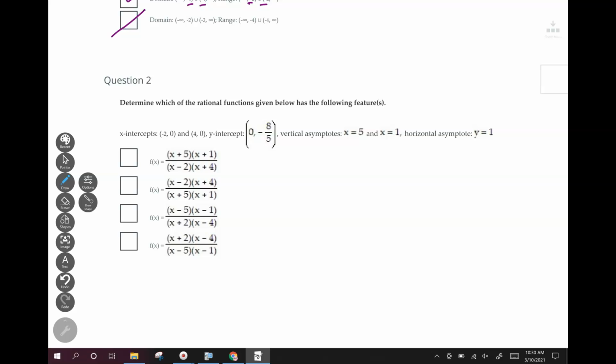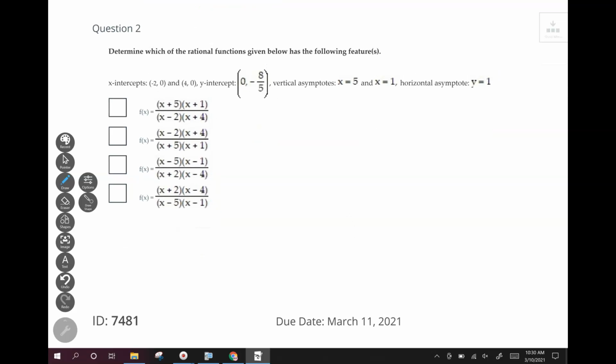All right, next one. Determine which of the rational functions given below has the following features. So let's start with our x-intercepts. Our x-intercepts need to be at -2 and 4. Well, what do we know about x-intercepts? X-intercepts are where y equals 0. In order for this function to equal 0, the numerator has to equal 0, right?